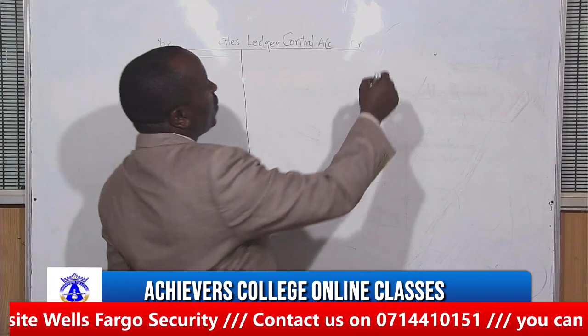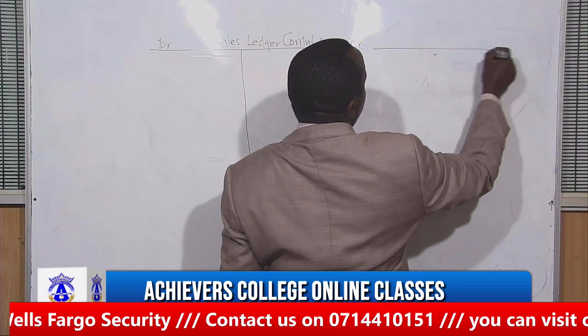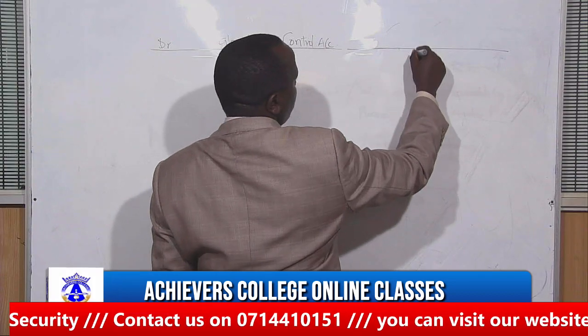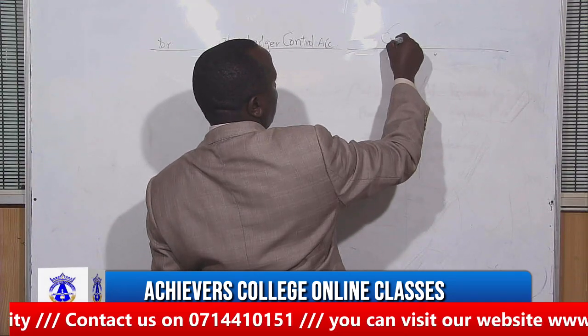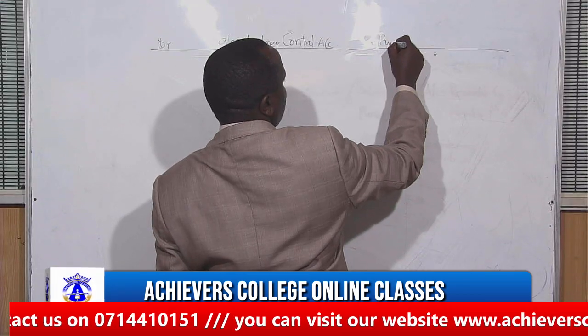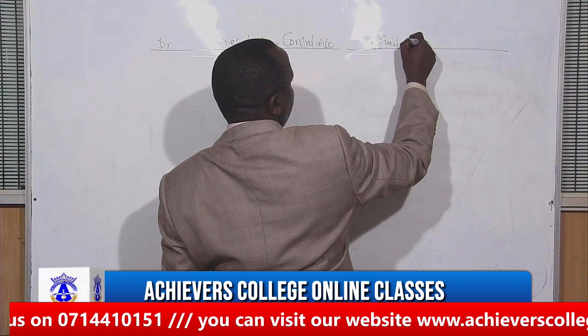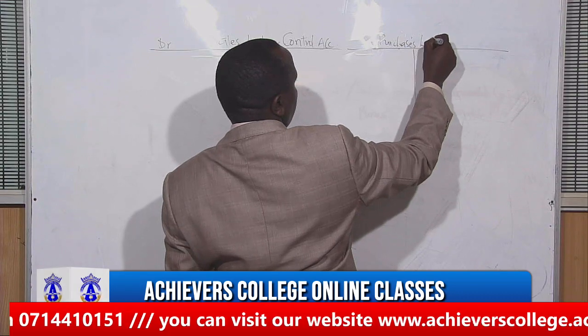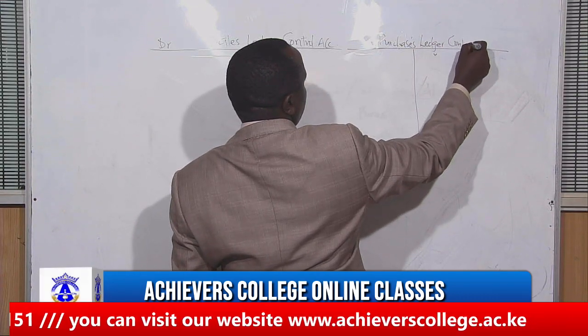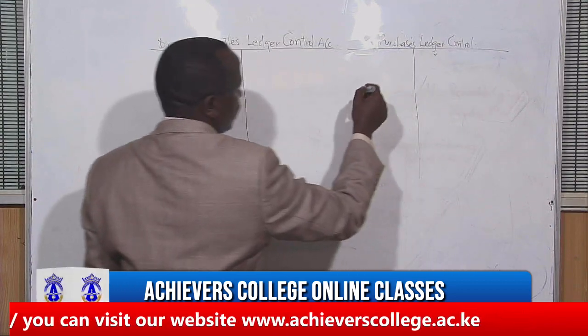Now we are also told about the creditors ledger, and therefore we will also draw the creditors ledger, which we call the purchases ledger control account. We are also supposed to draw it.